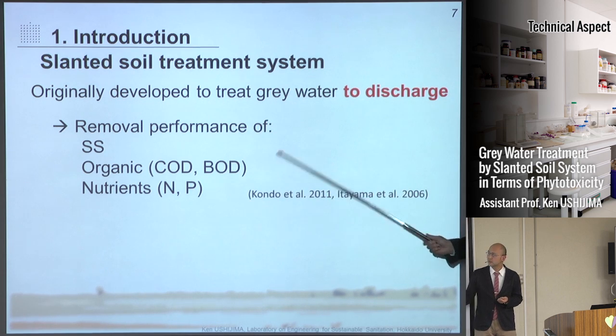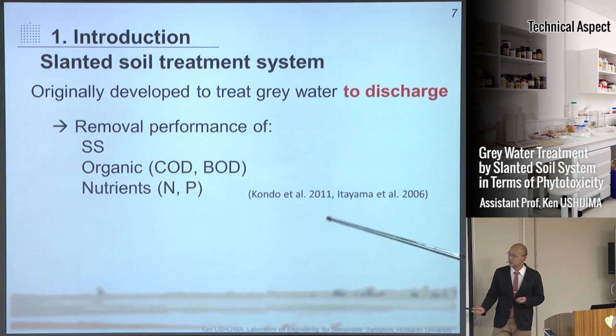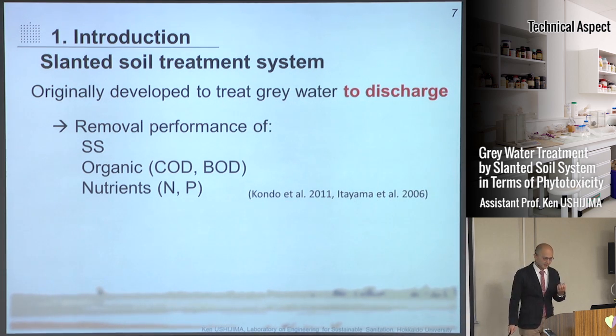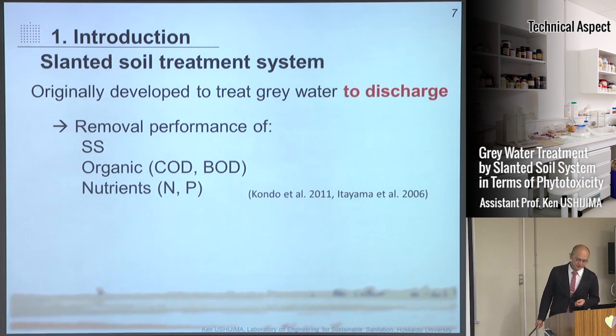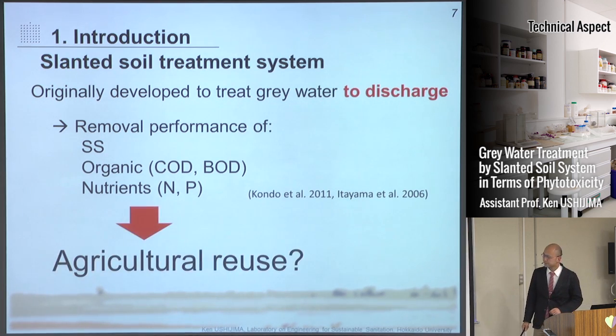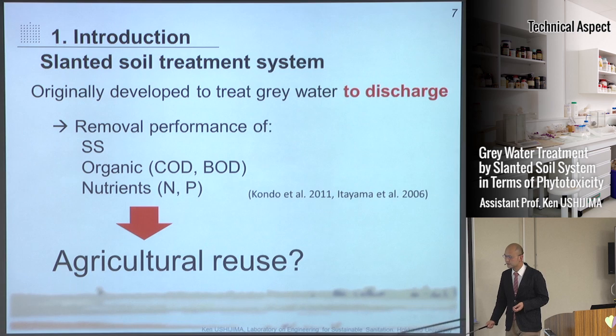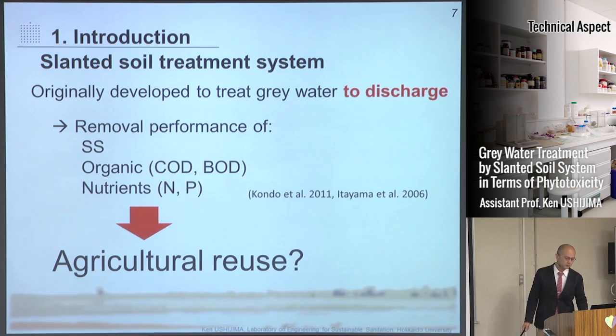Regarding these points in terms of discharge, some studies tested and checked in detail. But if we consider agricultural reuse, we didn't have sufficient information. So we did some laboratory tests and a pilot test.